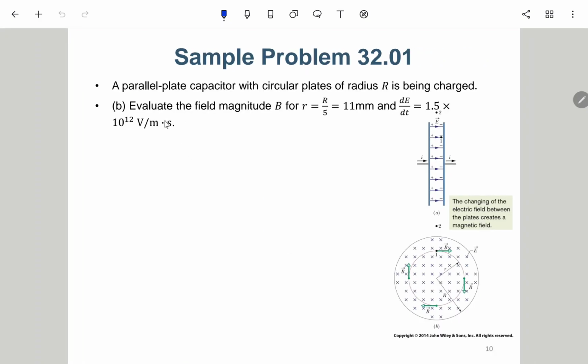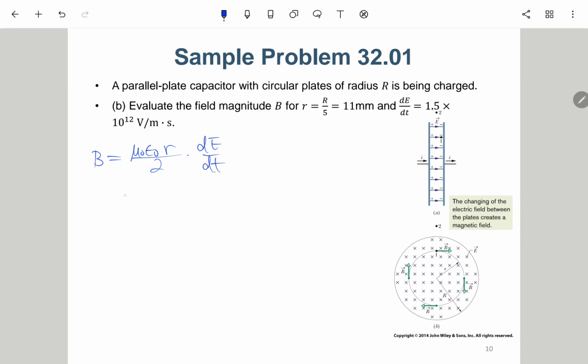It asks you to evaluate the field magnitude B for r equal to capital R over 5 and dE dt equal to this value. So we can just substitute the numbers into it.